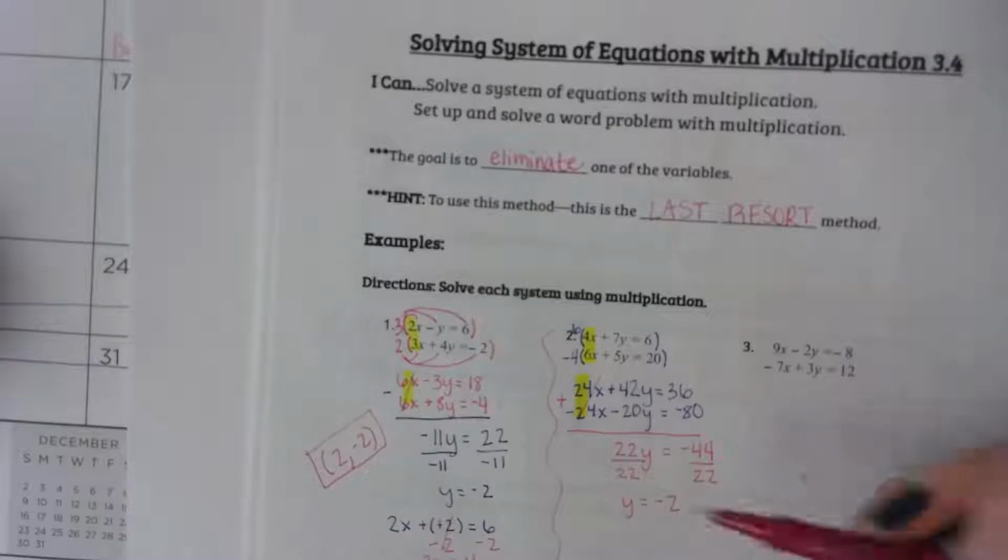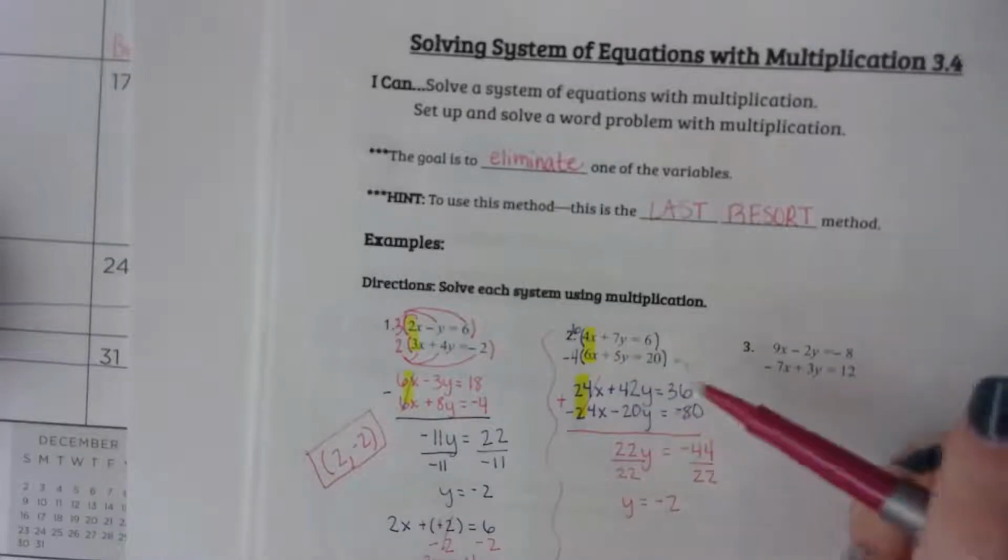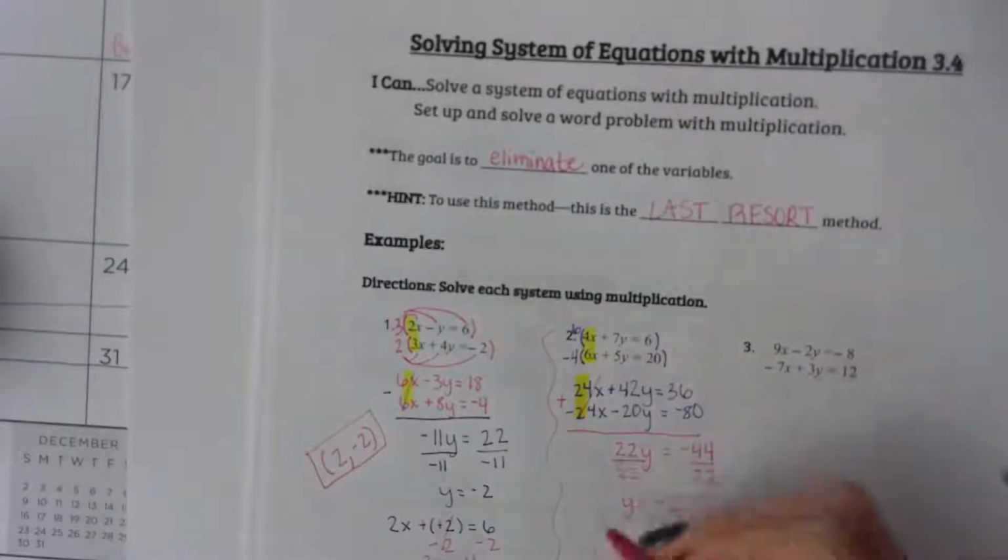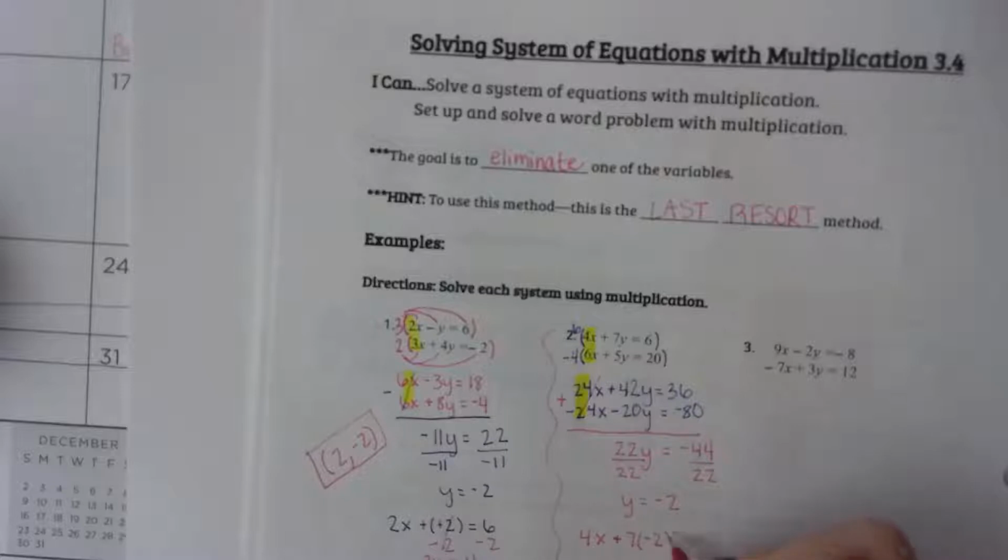Now I'm going to plug that in again to any one of my equations. I'm just going to plug it into the top one. So 4x plus 7 times negative 2 equals 6. So 7 times negative 2 is negative 14.